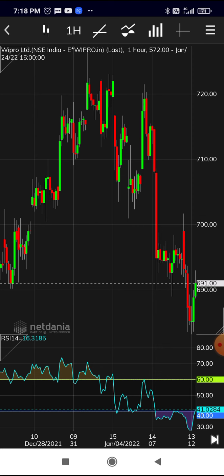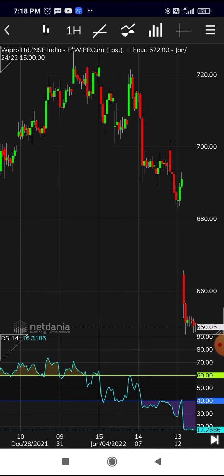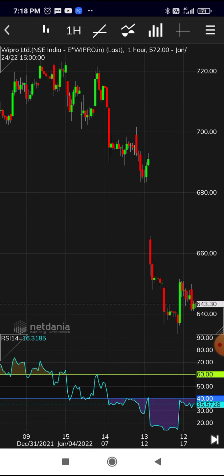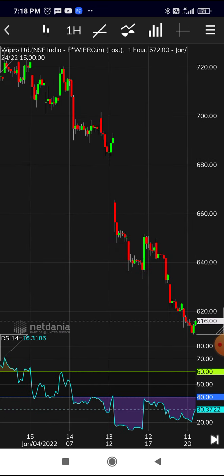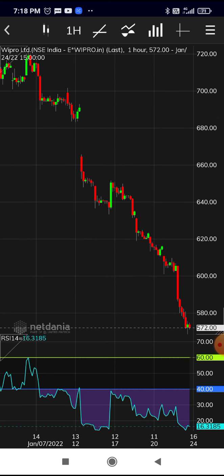And then when the result came next day, there was a gap down opening and it continued to fall, and ultimately today it is at 572. So from 690 it has fallen to 570, so nearly 120 points, which is nearly 20% of the script. So you can see that with this method there is high probability of fall.